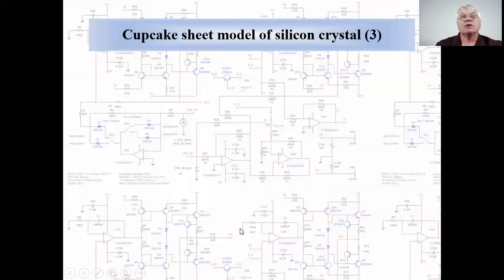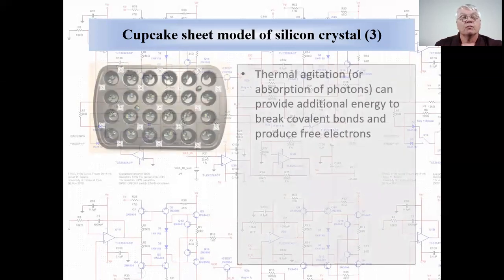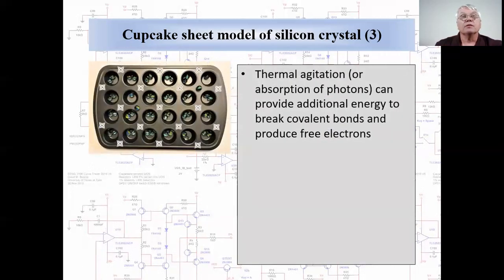Now we use the cupcake sheet to illustrate the situation in which a few electrons have broken free of their covalent bonds. Some covalent bonds can be broken by absorption of photons, the photoelectric effect, or by thermal agitation, to which the crystal is constantly subjected. So there is a broken covalent bond, and there is another.